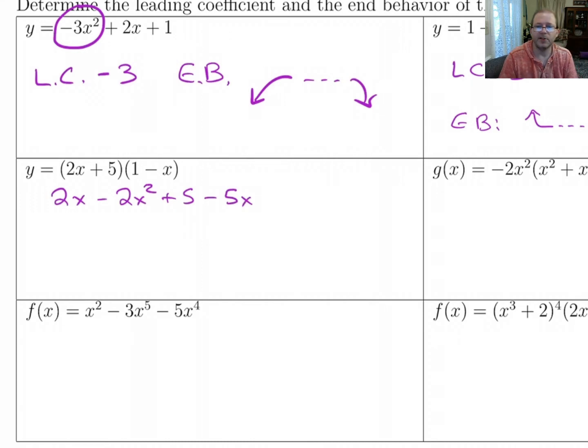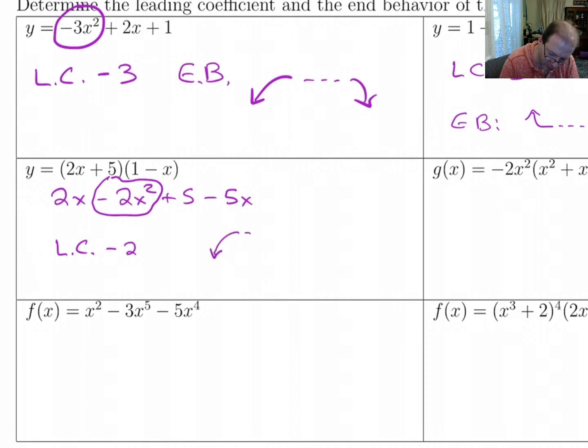Now I could combine my terms, but I don't need to in order to answer this question. This is my leading term. So my leading coefficient here is -2. And x squared, so both ends are going the same direction. They're both going down.